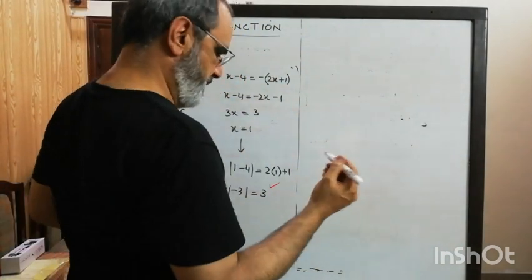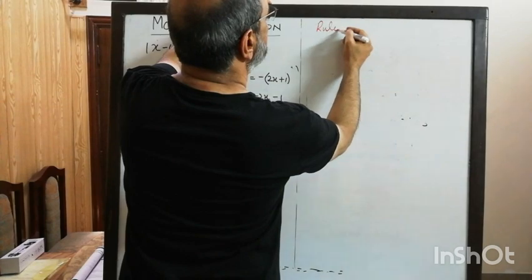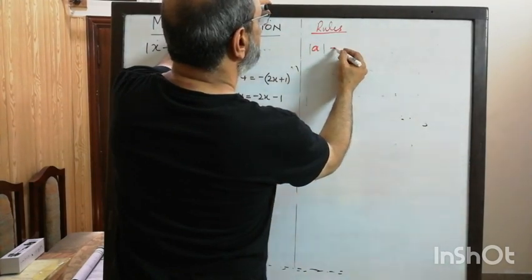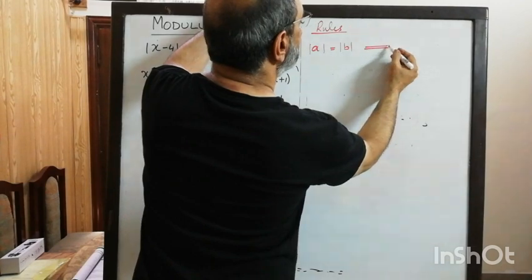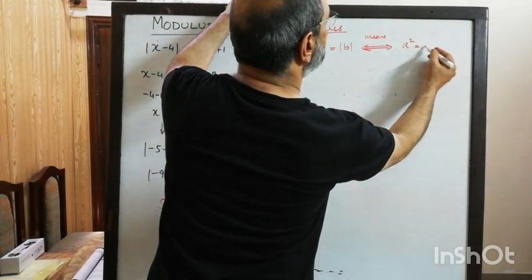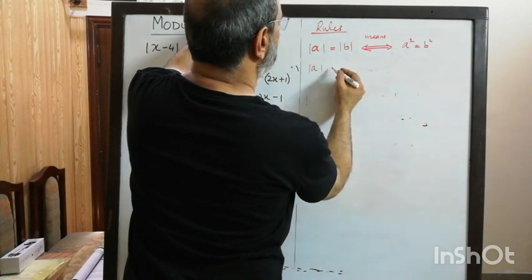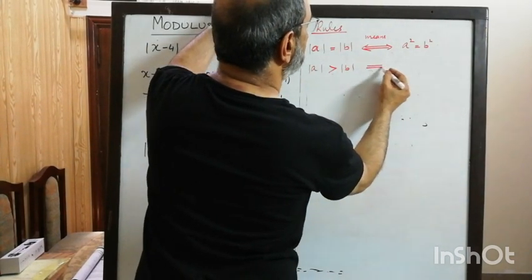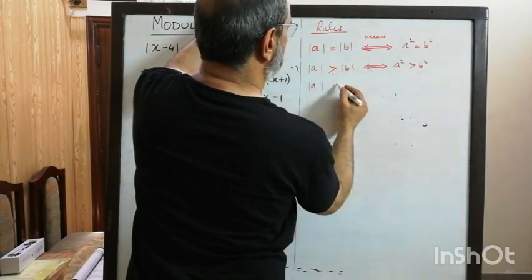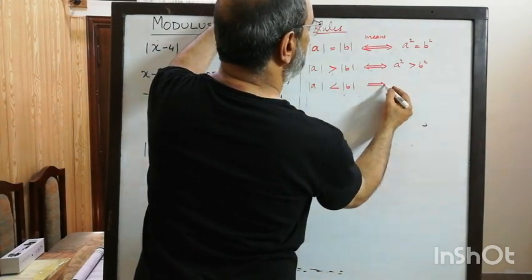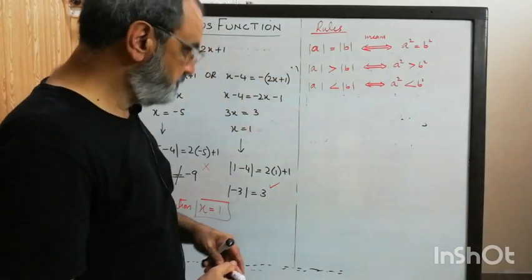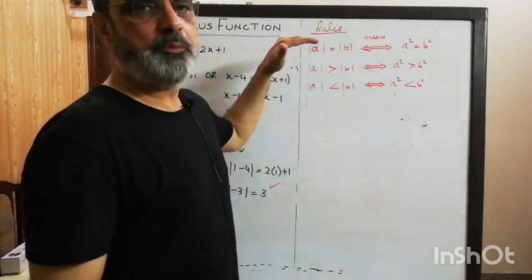Now we have a few rules regarding the modulus. We know A modulus and B modulus both are always positive.